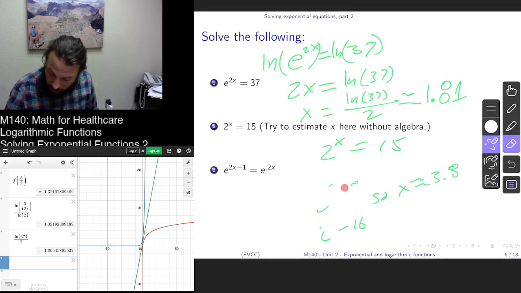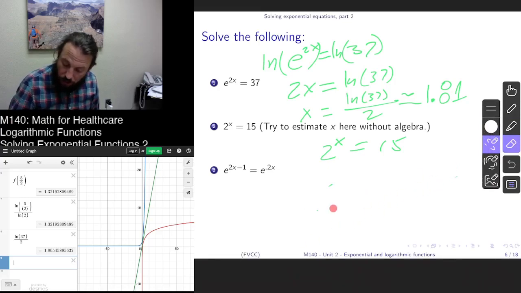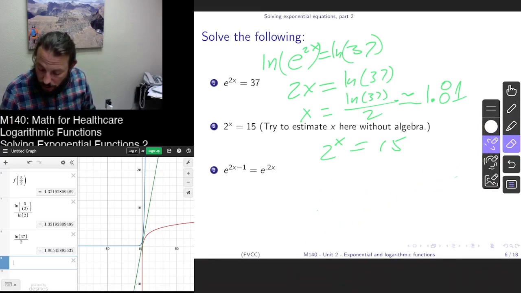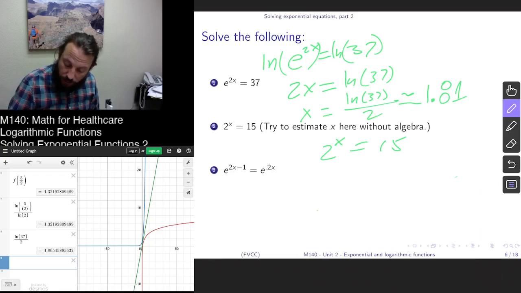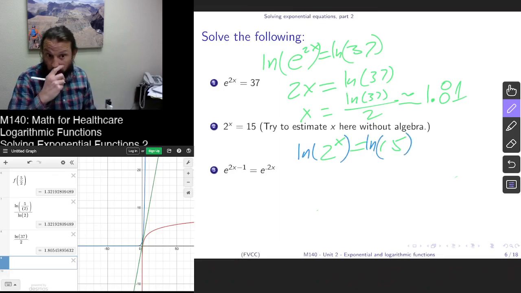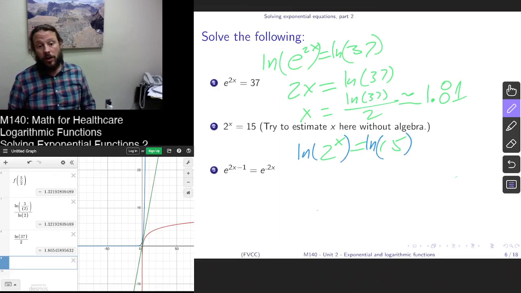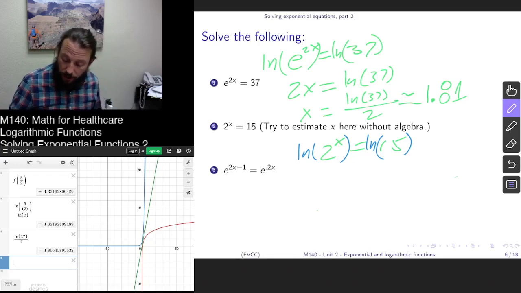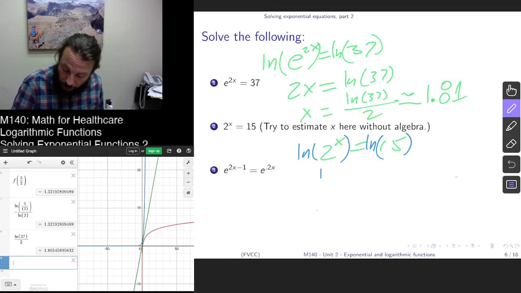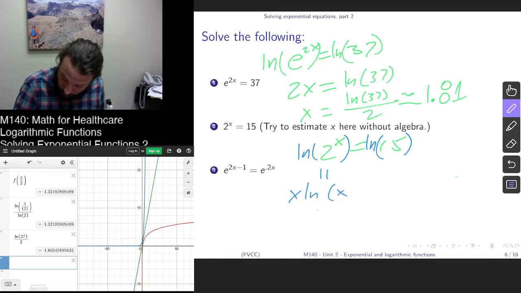So here, notice the base is 2, but I'm not going to use log base 2. Every time I'm solving equations, I use the natural log, because it's only recently that we could evaluate things besides the natural log in our calculators. Now we use the power rule: this is equal to x times the natural log of 2, and that's still equal to the natural log of 15.